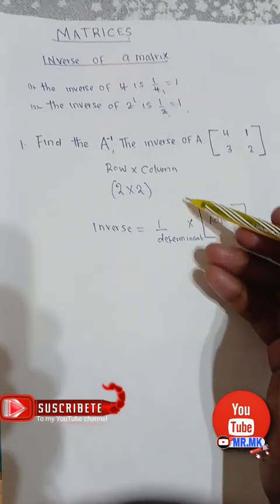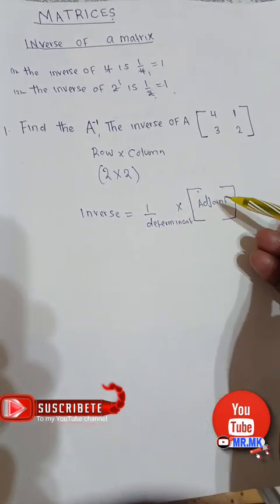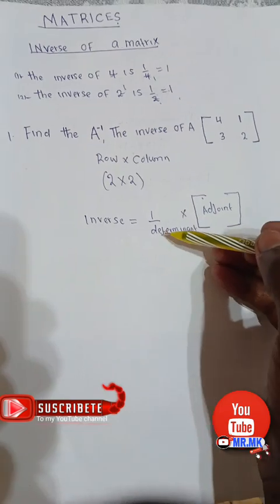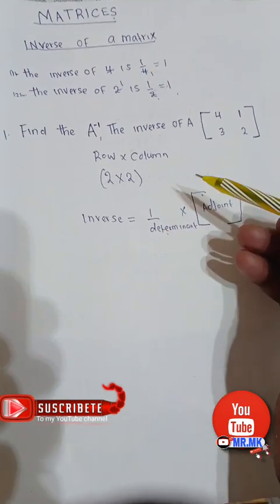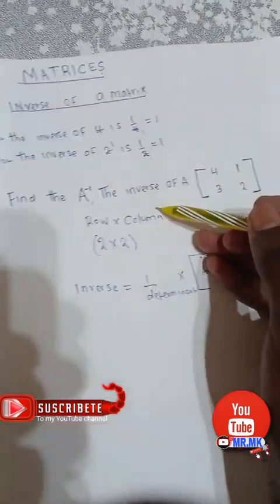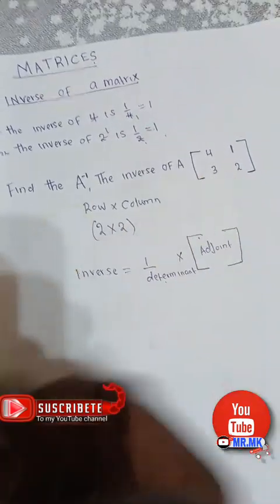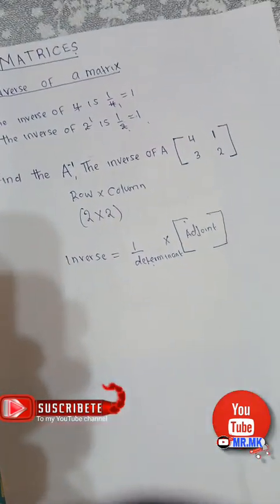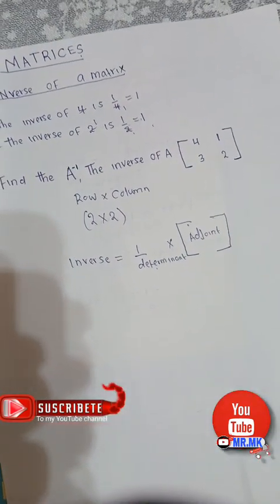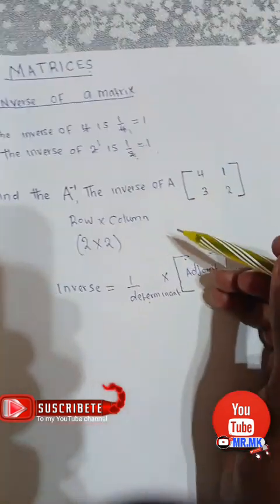Remember, this is the formula. The inverse of a matrix is equal to 1 over the determinant, times the adjoint. The determinant is the leading diagonal minus the trailing diagonal.